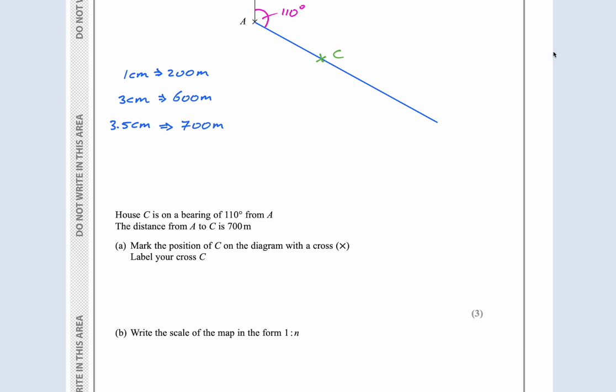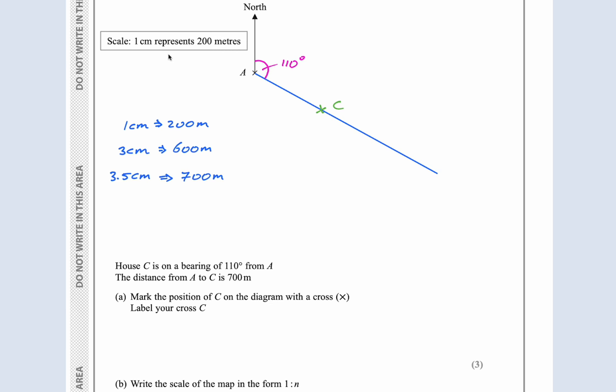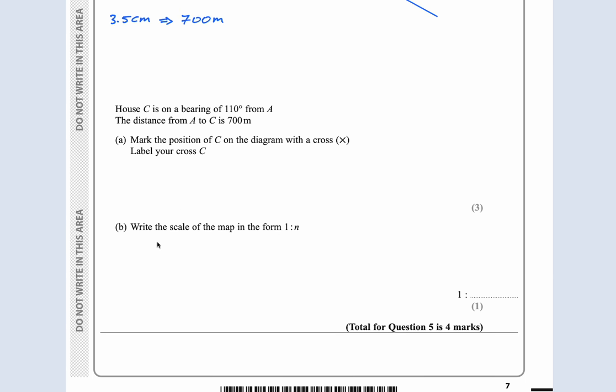Okay, so the scale of the map is 1 centimeter represents 200 meters. So the actual scale, we need to think, well, what's the scale? How many centimeters is this?